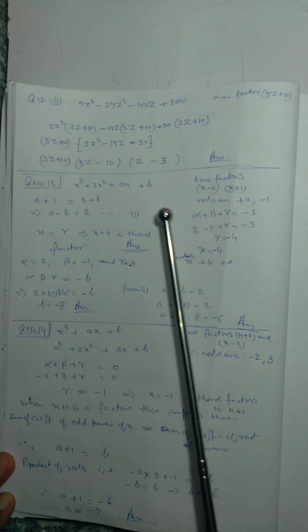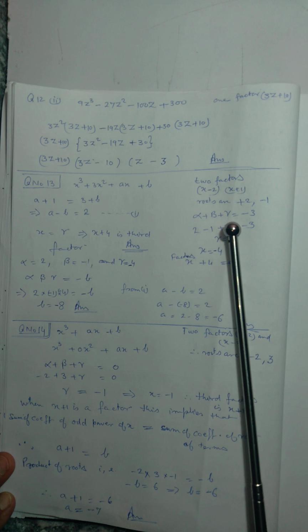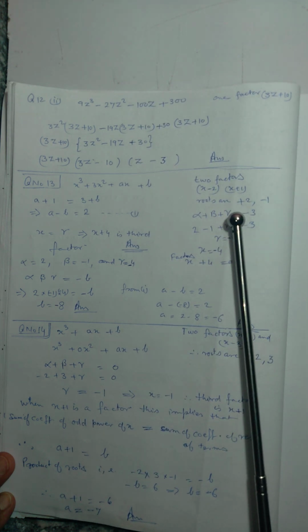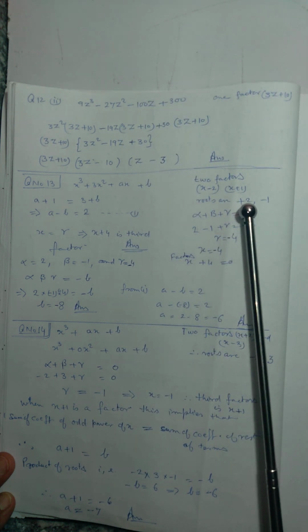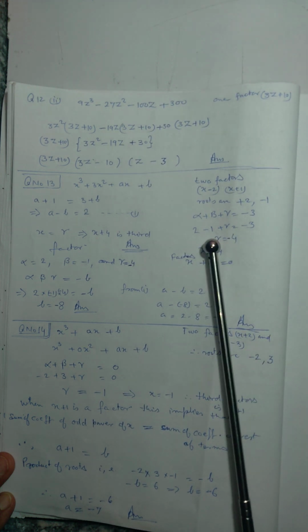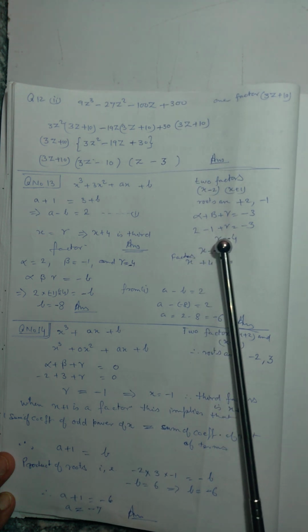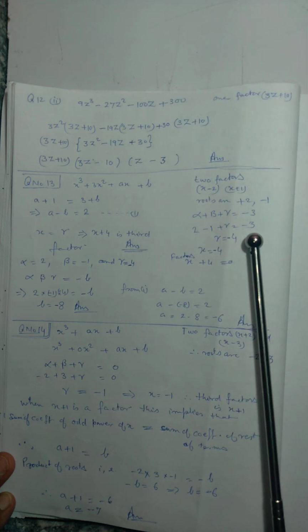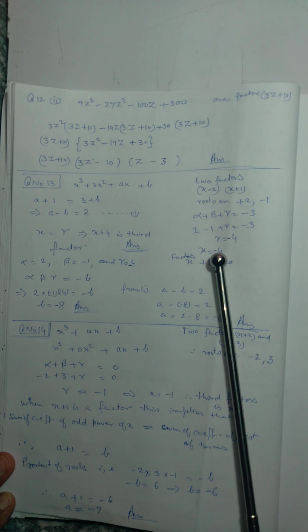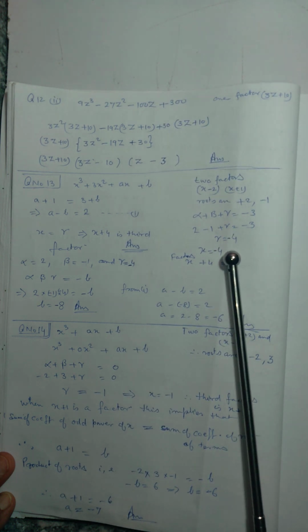Here minus b by a will be equal to minus 3. So alpha plus beta plus gamma, here take alpha as 2 and beta as minus 1. I have substituted here: 2 minus 1 plus gamma is equal to minus 3. So gamma will be equal to minus 4.